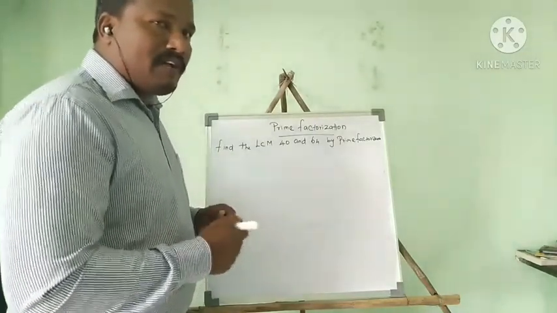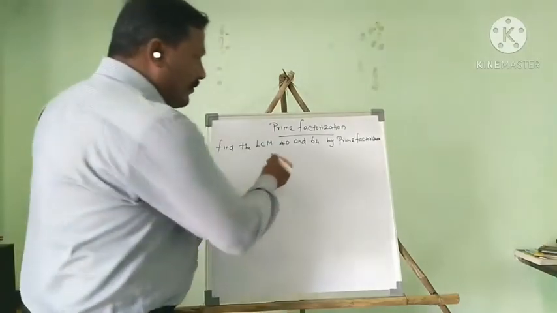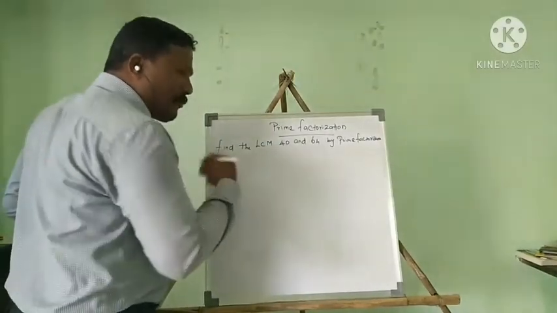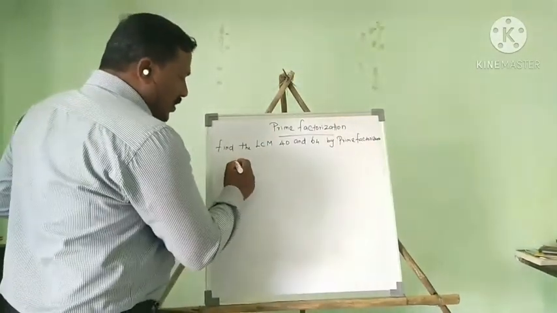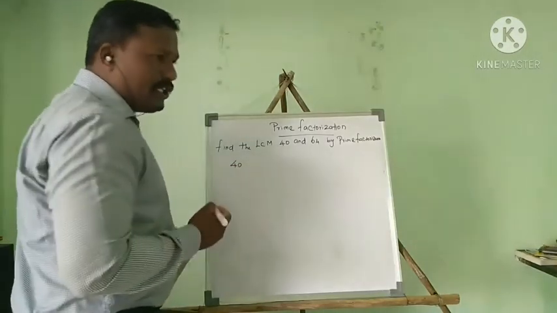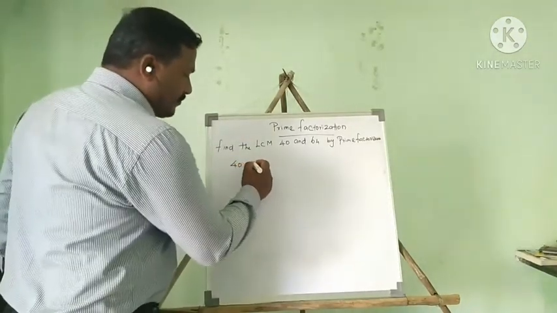Now I am going to find out the multiples of 40 first. 1 40 is 40. Okay. 2 40 is 80.